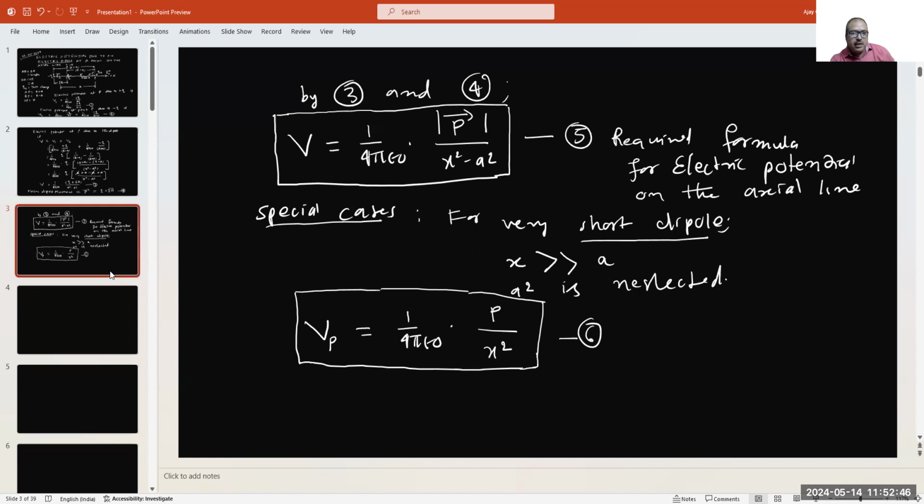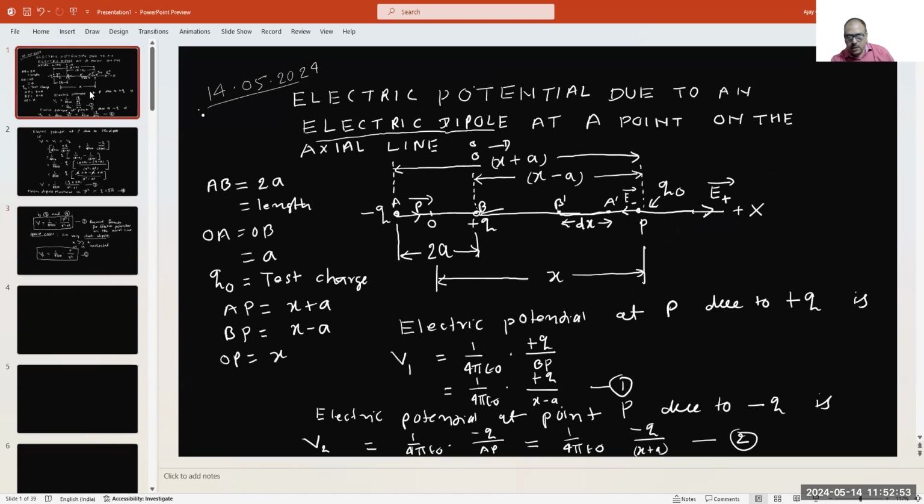You can revise here. You can once again visualize the page number 1. Yes. Dipole AB. Length of the dipole is 2a. Half of the dipole is OA and OB, each having value a. Q naught is the test charge, any other charge which experiences field and force due to the charge on the dipole.